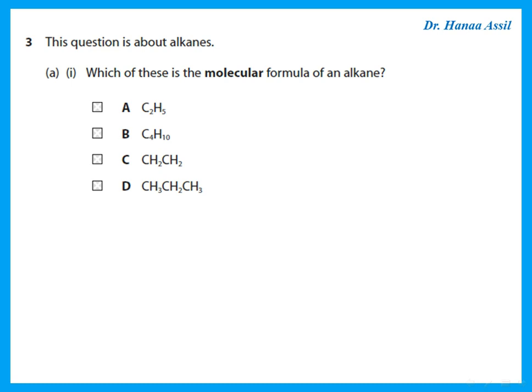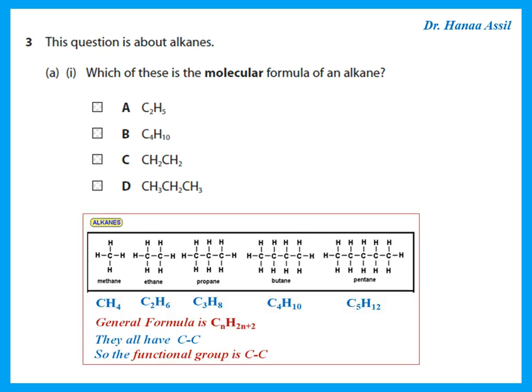Okay? This question is about alkanes. Do you remember what we know about alkanes? He's asking which of these is the molecular formula of an alkane. Okay, let's remember, what did we say about alkanes? We said alkanes are a group of, or a homologous series of, organic compounds.